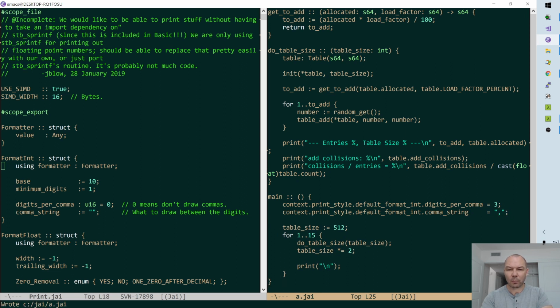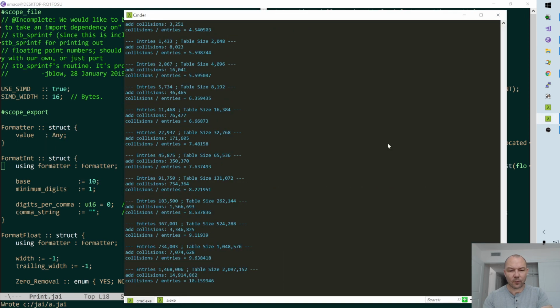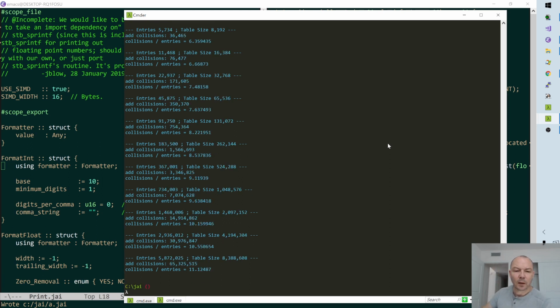Because we're printing big numbers and I want to be able to read the big numbers. So let's take the comma out here. All right, so there we go. That's much more readable. So we have 65 million collisions in our table size 8 million. 5 million entries, 6 million-ish.